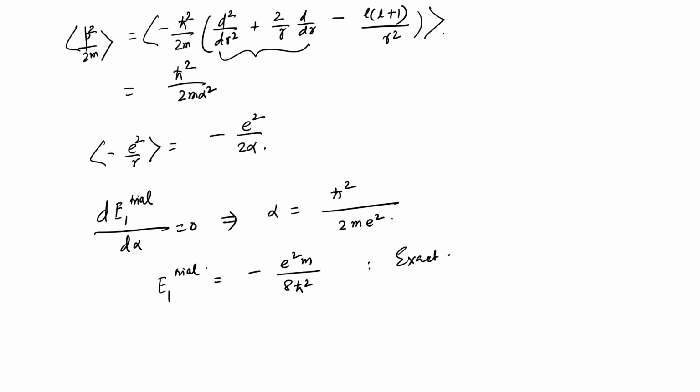Okay. So, that is pretty much what one does in these variational calculations. These are not too difficult calculations, but they are lengthy at times because you need to calculate the expectation value of the kinetic energy and the potential energy.